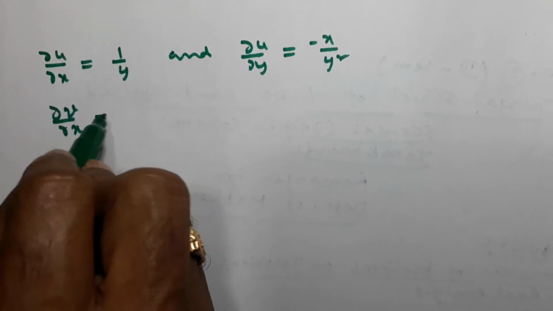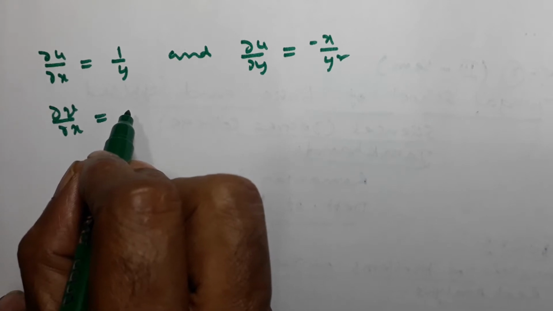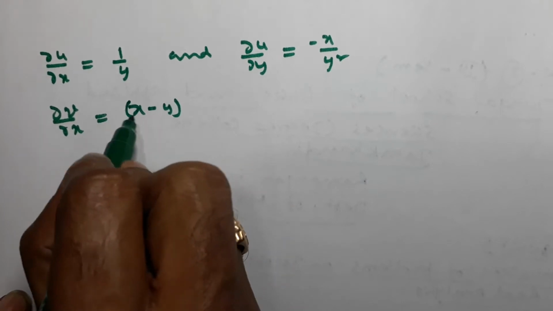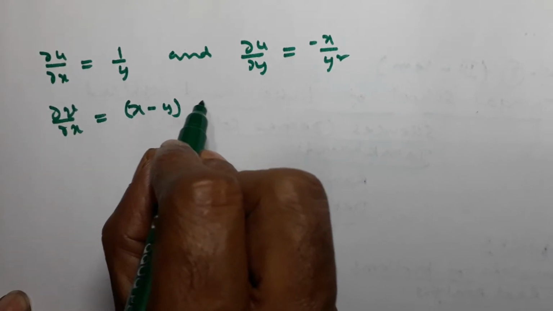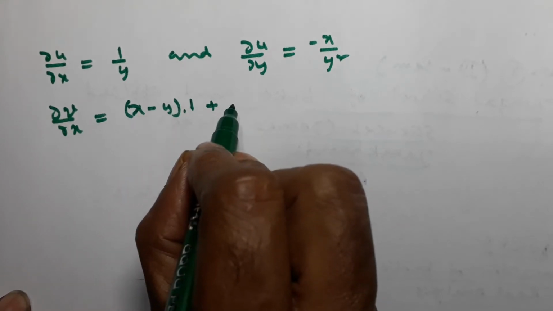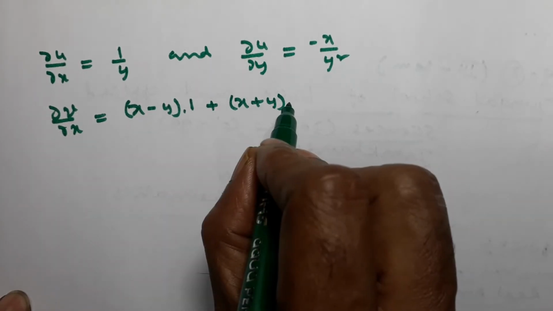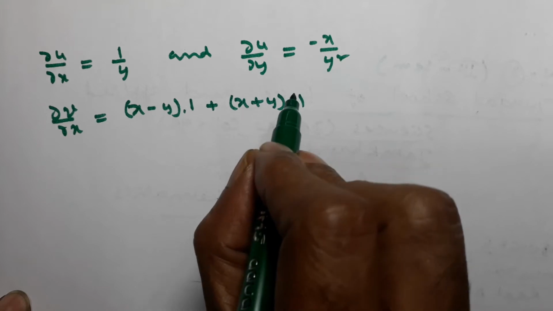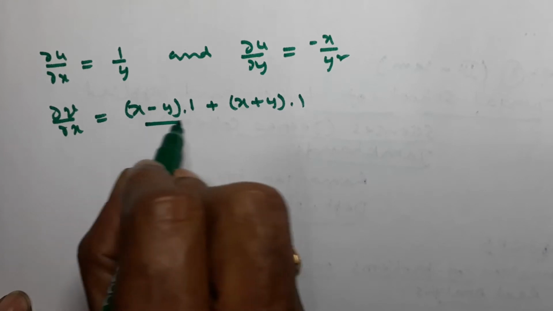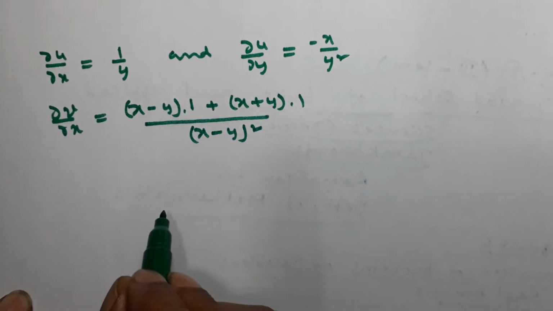Dou v by dou x, as v is equal to (x plus y) by (x minus y), by the quotient rule: (x minus y) into the derivative of (x plus y), which is 1, minus (x plus y) into the derivative of (x minus y), which is 1, divided by (x minus y) whole square.